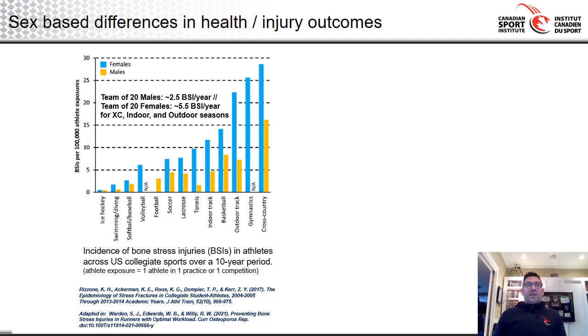These are NCAA historical data. Obviously, it's important to think about this and track it within your own programs to understand and compare it to the norms that are out there to understand how many of these bone stress injuries are potentially preventable. Not all of them are, but I believe certainly many of them are through the approach of REDS prevention.